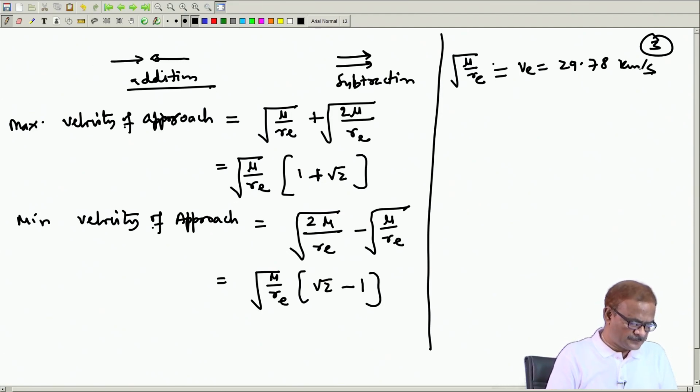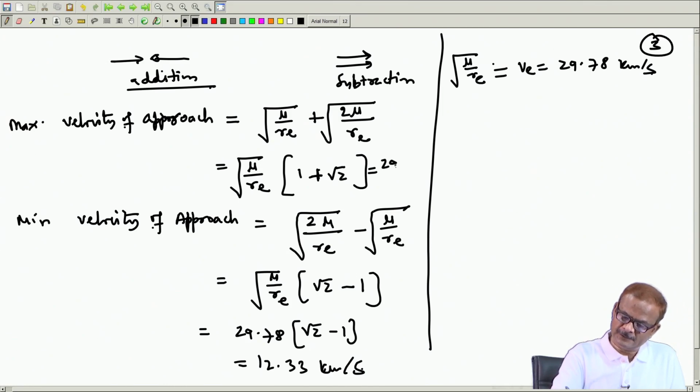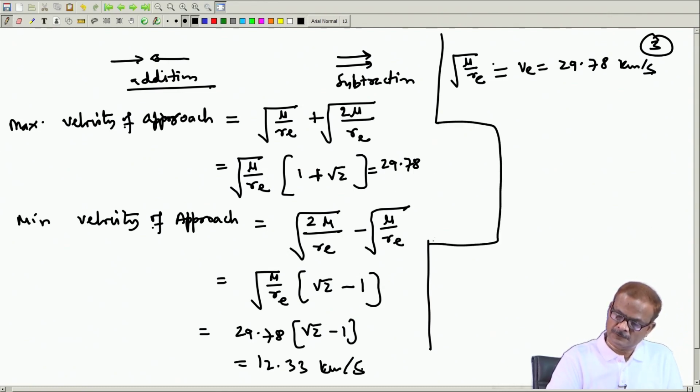Therefore, once we insert it, this quantity 29.78 and root 2 minus 1, this yields you 12.33 kilometers per second, and if you insert here 29.78 into 1 plus root 2, you get the result 71.89 kilometers per second.